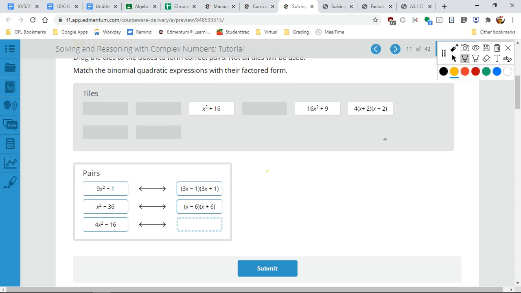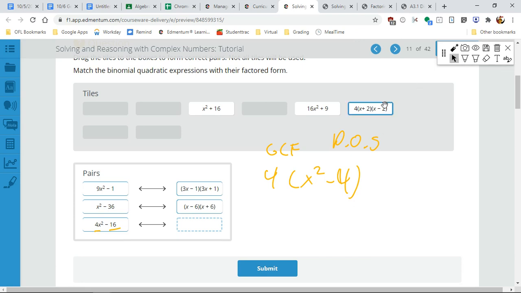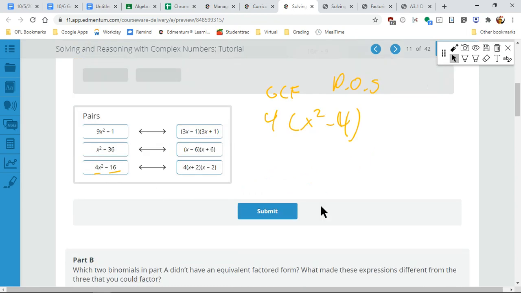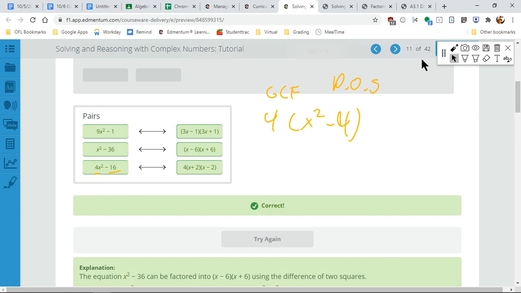So if we take out the GCF, because we can divide both of these by 4, we end up getting x squared minus 4. And here, this is the idea of difference of squares. This whole thing that we've been doing, where we have this plus or minus that cancels out that middle number. And we can submit that, and we get that going.